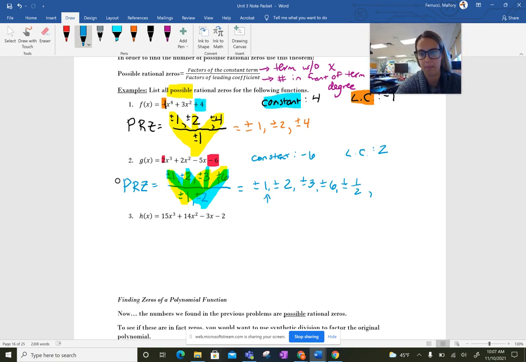So we don't need to recopy that. Plus or minus 3 halves. We don't have that yet. And then plus or minus 6 over 2, that's just 3, and we already have that. So we don't need to copy that down again. Okay, so those are all of the possible rational zeros for that specific equation.